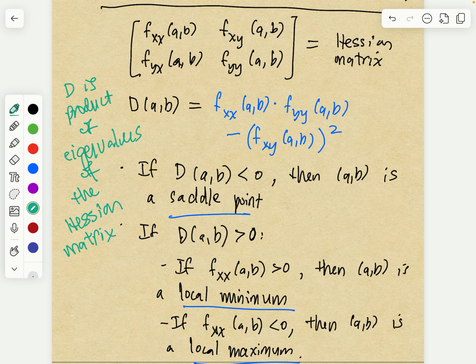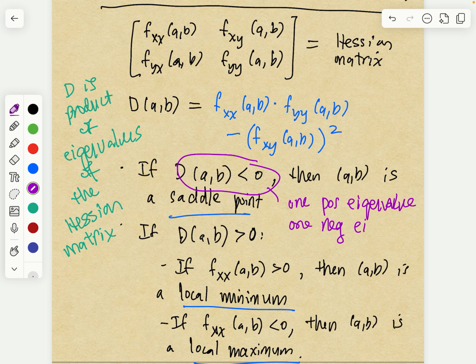And when the determinant is negative, so if you have a product of two real numbers and it's negative, that tells you that one of the numbers is positive and one is negative. So that means that you have one positive eigenvalue and one negative eigenvalue.